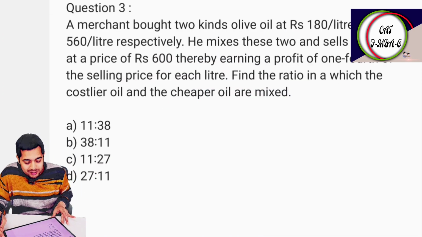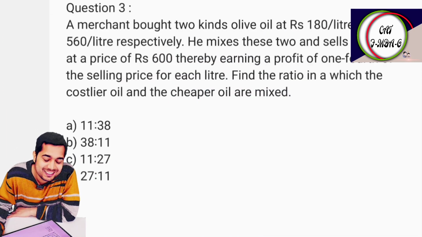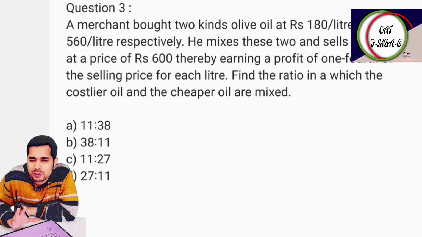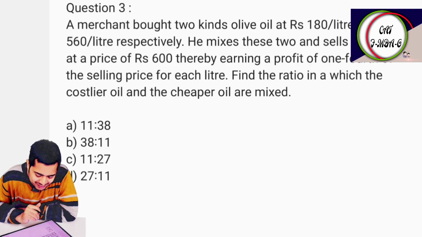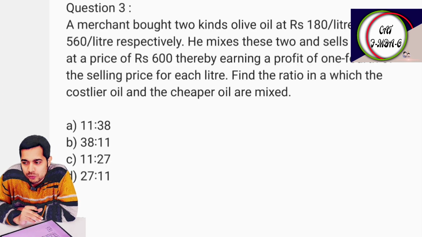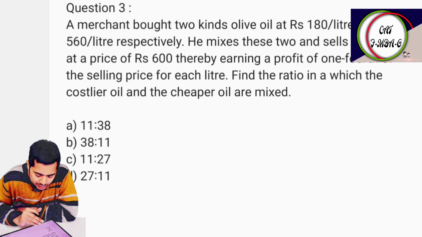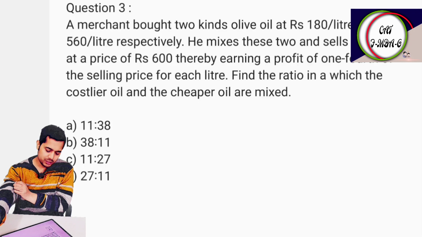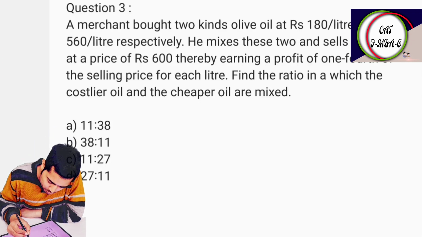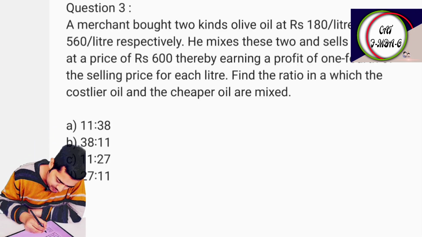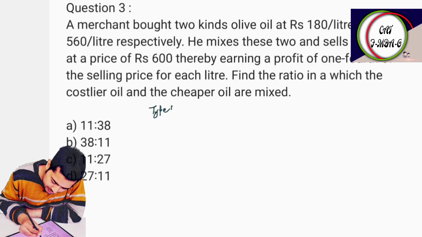Okay, now we are at question number 3, and this is a typical CAT question which is frequently asked, and it takes a bit of time also, but if you use the alligation method, it is going to be a lot easier for you. And let's see how to work with this kind of question. In this question, it is given that a merchant bought two kinds of olive oils, type 1 and type 2.